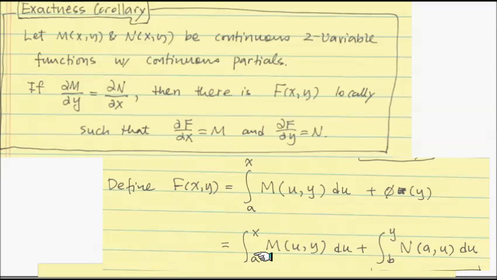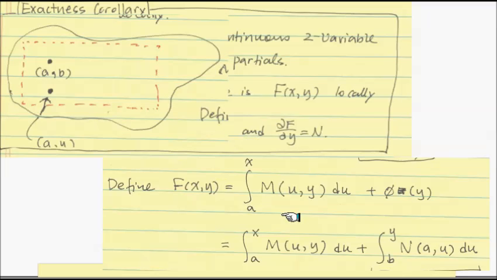Here's the picture. This integral requires you to start with the initial point a, and your y coordinate is b, so it's (a,b), and (a,y) could be somewhere here. Then you're integrating and plugging in (u,y), so y is here. u can be any value between a and x, so a starts here and x could be over here.